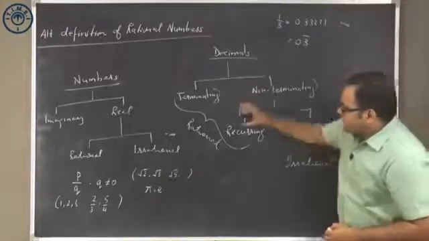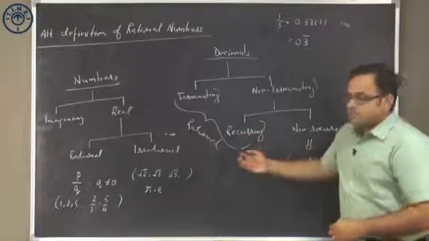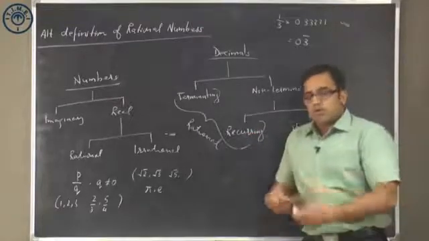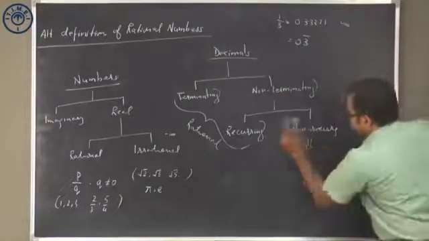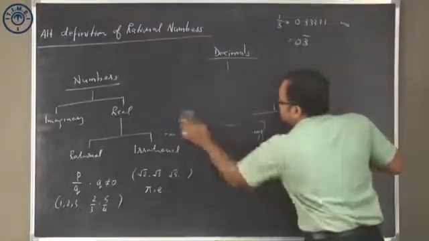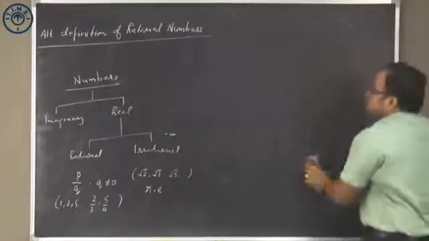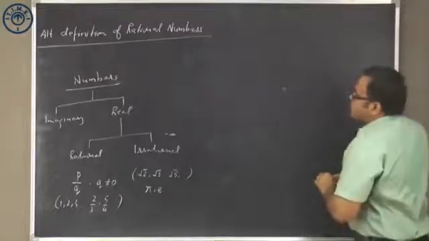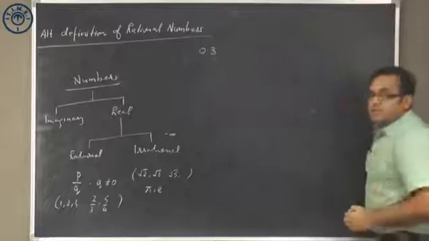Let us now understand how to represent these terminating and recurring decimals in the form of p by q, so that they can be called rational numbers. Let us say I have to convert 0.3 into a fraction.